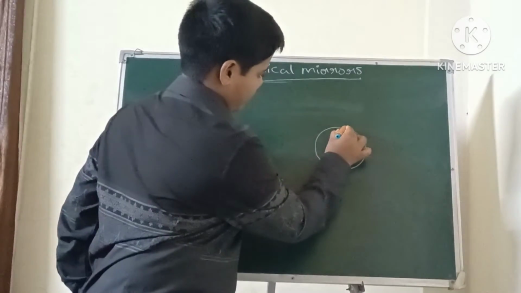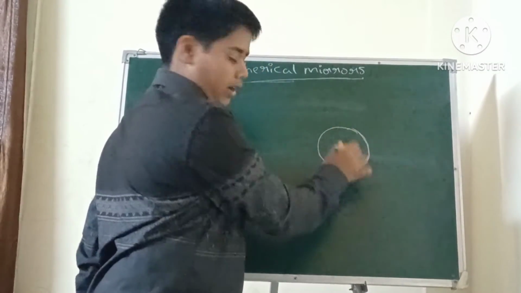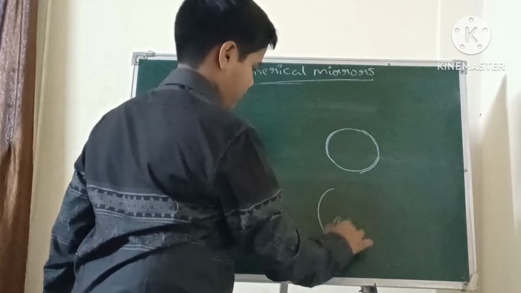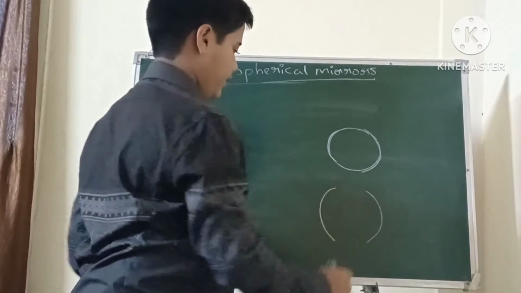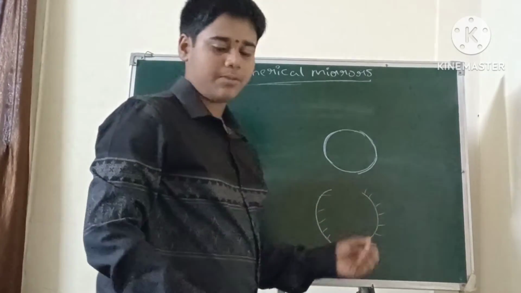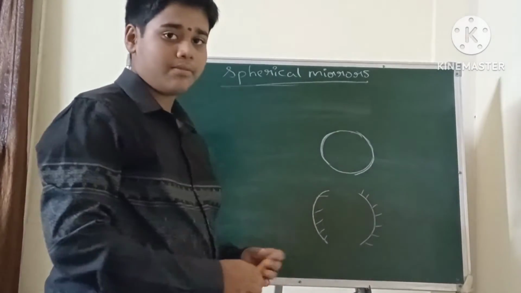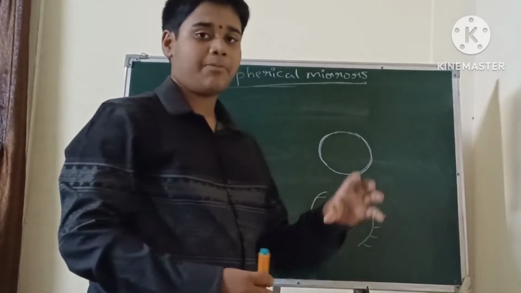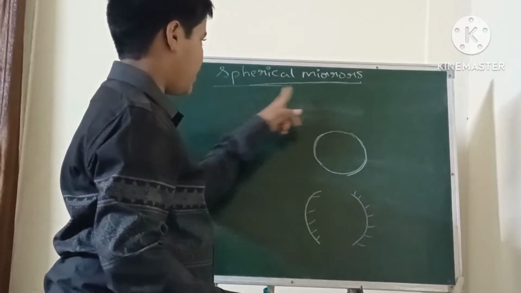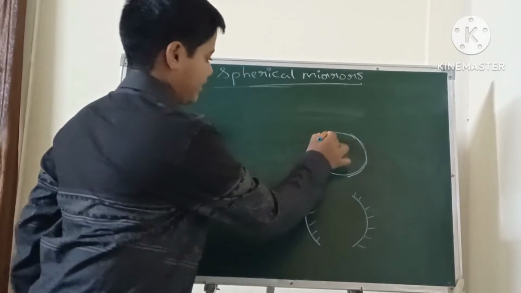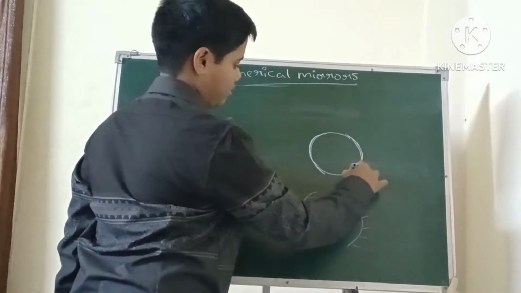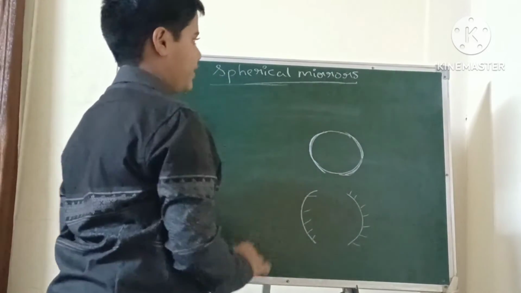Here, this is one of the curved parts and this is one of the curved parts. The cricket ball looks like a sphere, and the curvy part of the sphere is what we use as spherical mirrors.